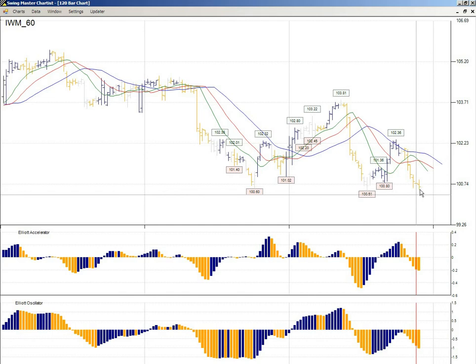And if you're following a close only mode, then when the market opens again on Tuesday, the day after Labor Day, if you get a 60-minute close below 100.51, you're going to establish a new short position in the IWM. For a stop, depending on your risk parameters, you can use the previous breakout price high, which is 101.36, which will give you less than a point of risk.